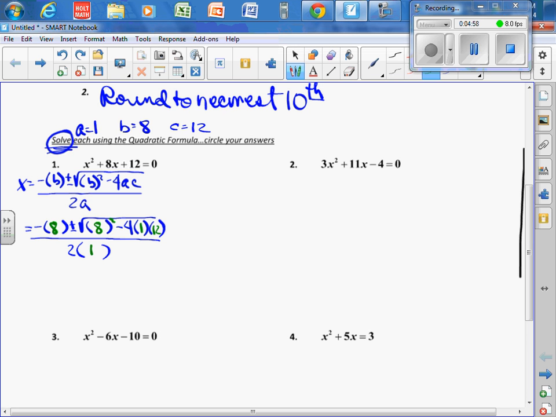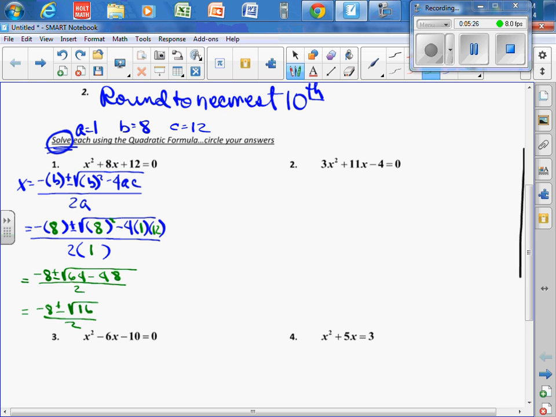So we'll have negative 8 plus or minus the square root of 8 squared minus 4 times 1 times 12 over 2 times 1. And now just do the math. We'll have negative 8 plus or minus the square root of 8 squared is 64 minus 4 times 1 times 12 is 48. All of that over 2. And I'll have negative 8 plus or minus the square root of 16 over 2.